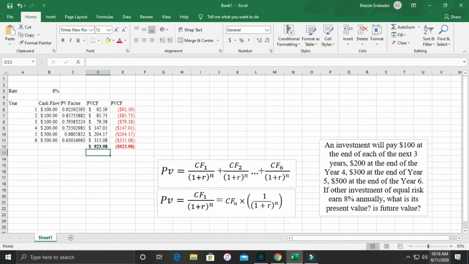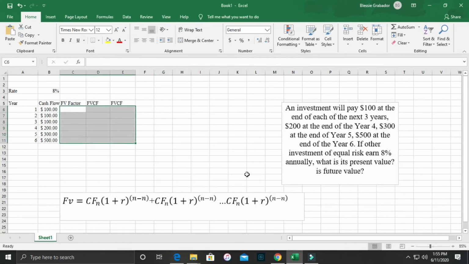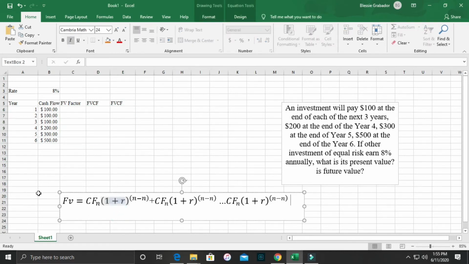So next, we will move on to the future value. For the next computation, we have here the same problem as the present value. Now we are going to compute the future value of the same problem.